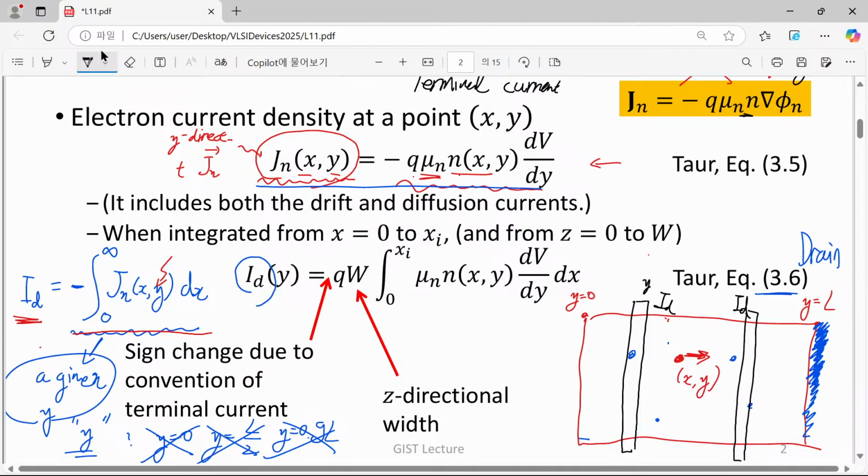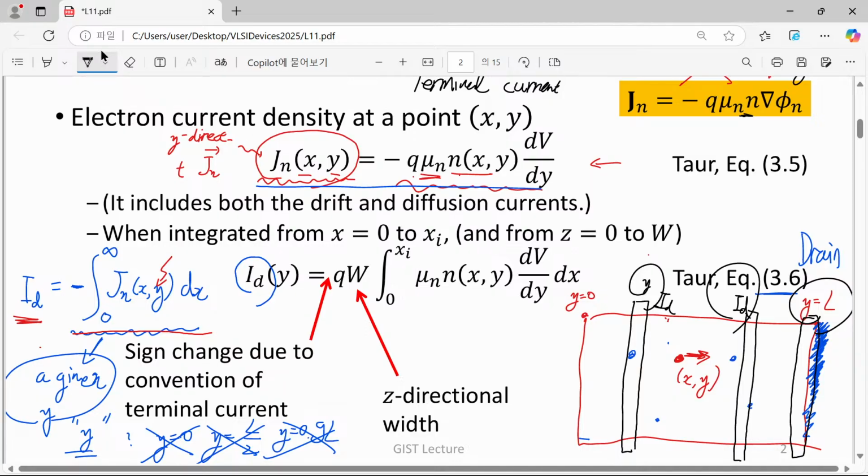The real drain current should be, where can you find the real drain current? The real drain current is found only when you perform the integration at y equal to L, the drain end of your channel. But why am I performing this kind of integration for an arbitrary y value?